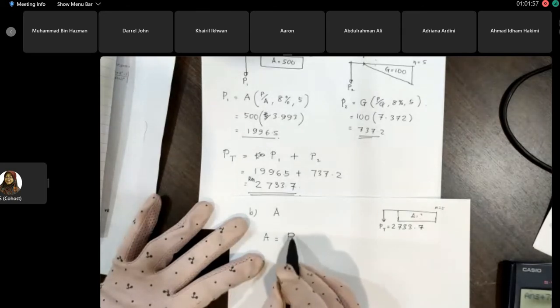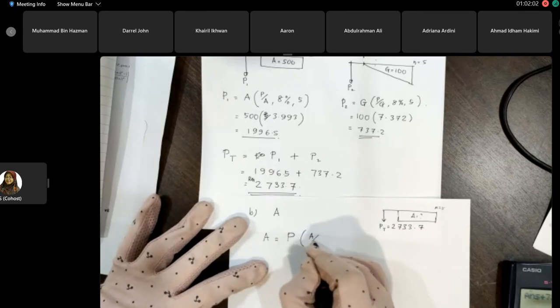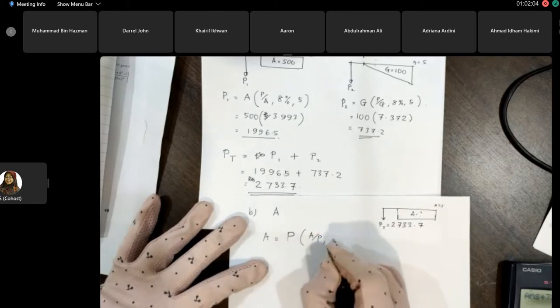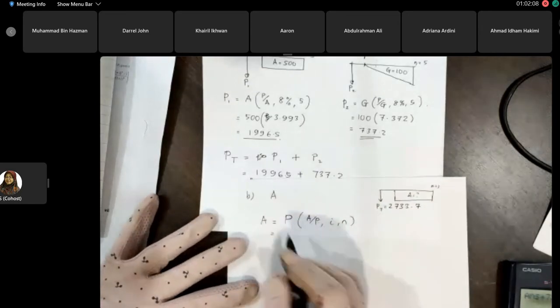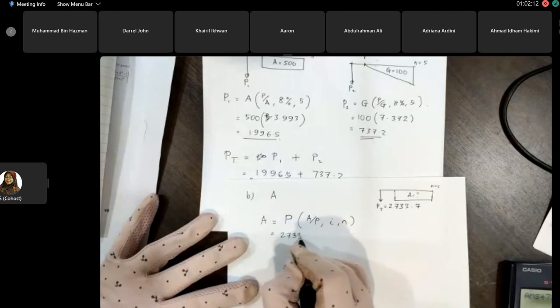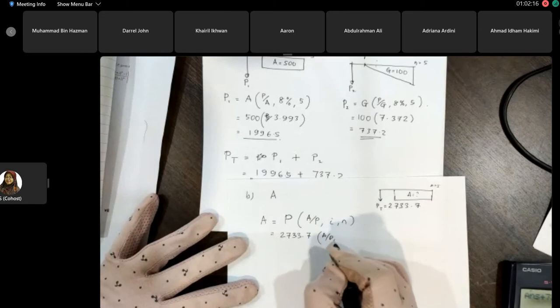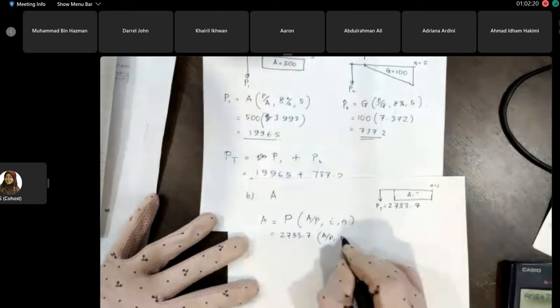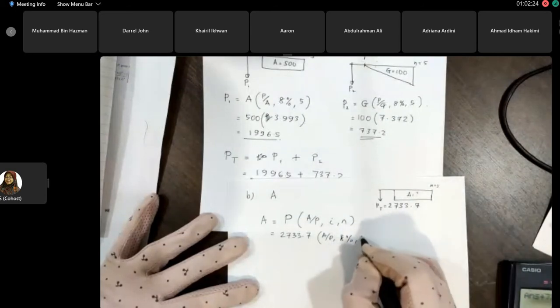So A over P, with I and N. P is 2,733.7, I is 8%, N is 5.